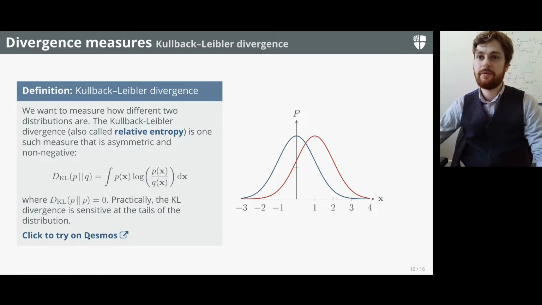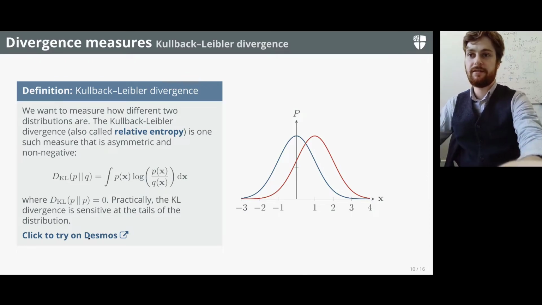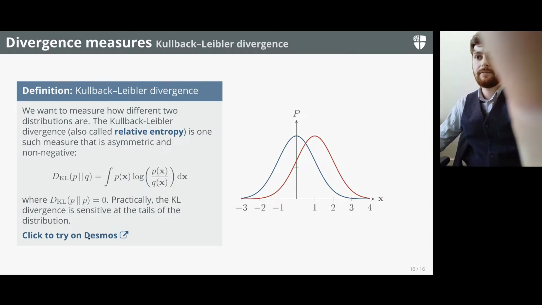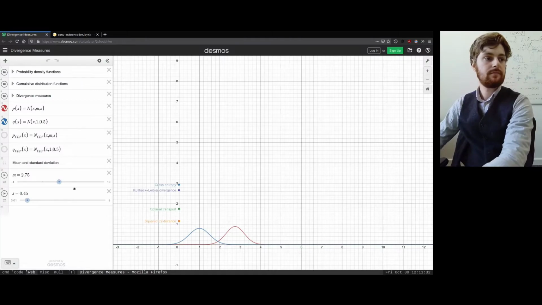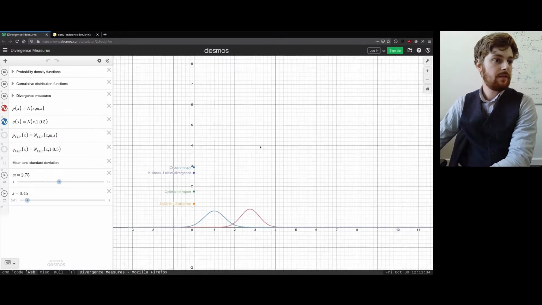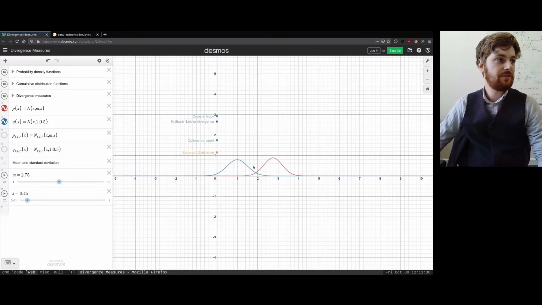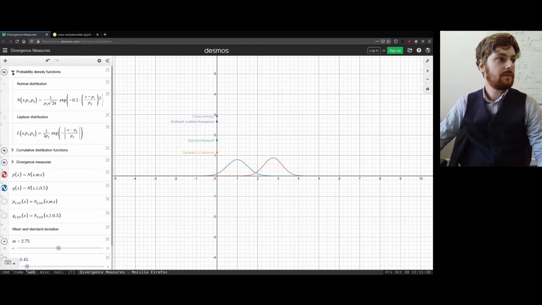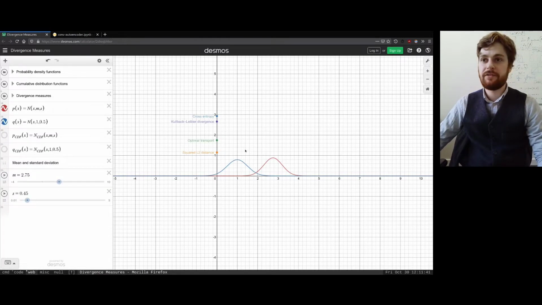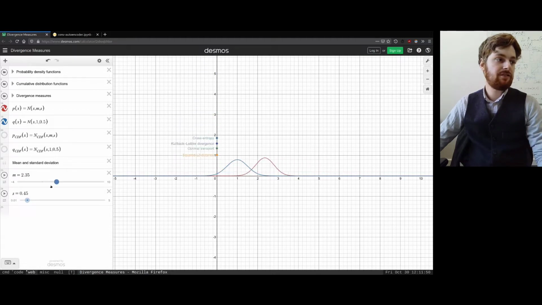I've got a nice example here where I've coded up some of these on Desmos, so you can have a look at this. So here we are. I've basically taken two normal distributions here, and you can swap them out for different distributions if you're interested in them. I've shown various measures here, so we can move this red distribution around. We can change its standard deviation, and you can see the Kullback-Leibler divergence is very sensitive to the tails of the distribution.